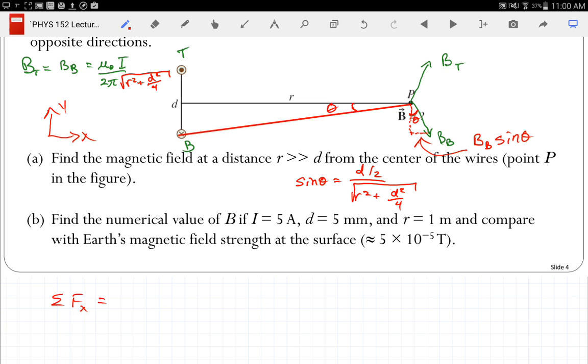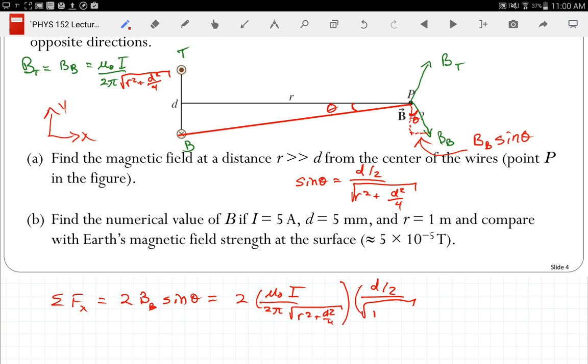Okay, the x's are equal in magnitude and direction, so it's just going to be 2 B sine theta, or 2 times mu naught I over 2 pi, so there's the B, and then sine theta. So that's the field in the x direction. And then what about in the y direction? They just add to 0. We have one up, one down, equal and opposite, so they add up to 0.